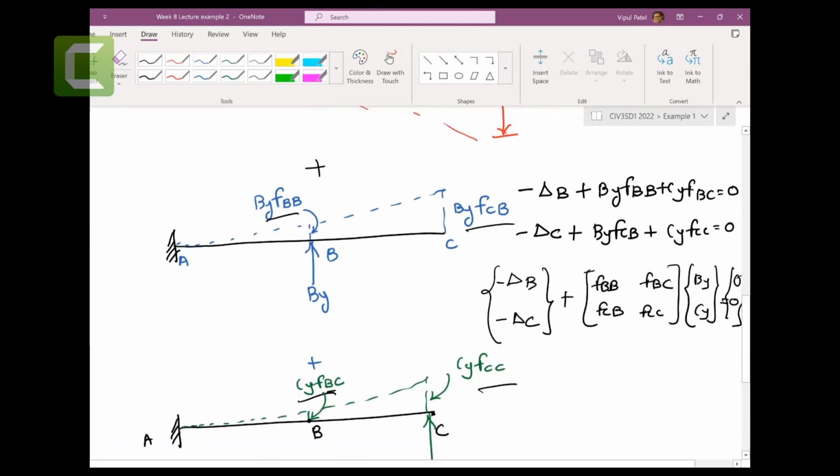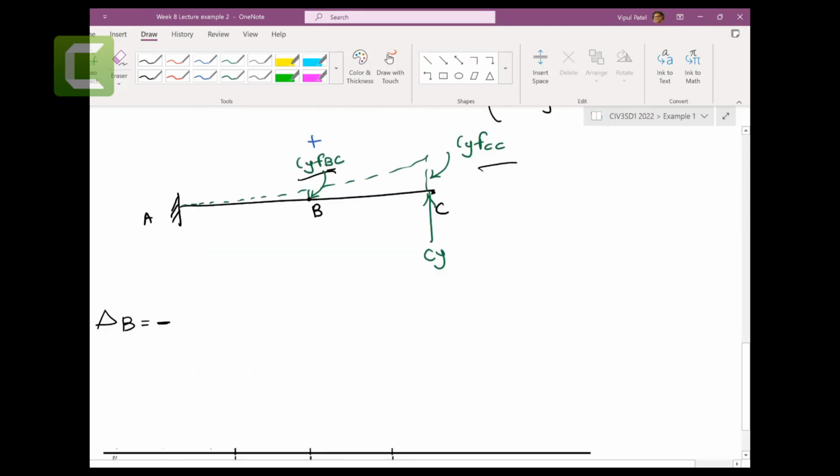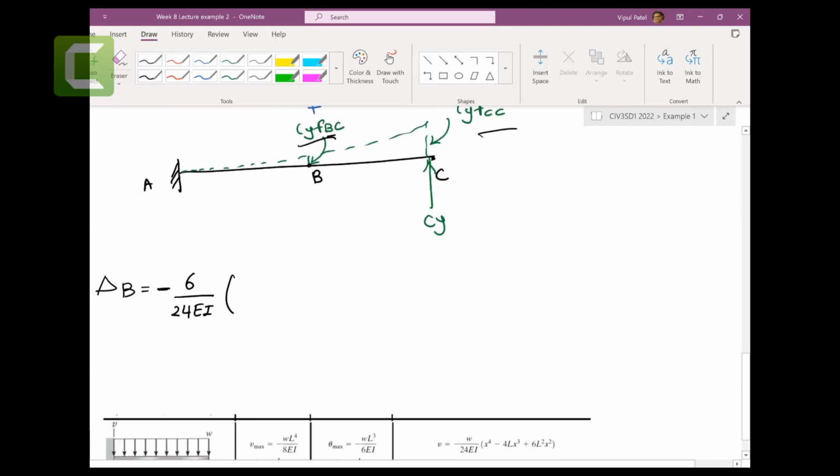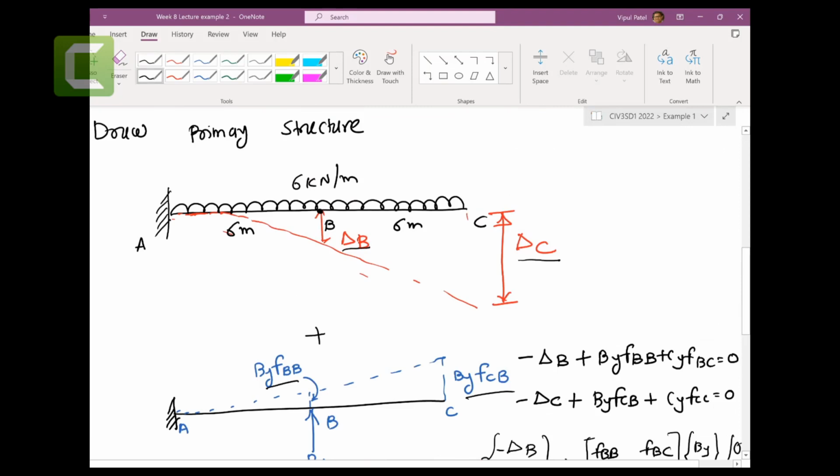What would be the W here? 6. So let's put the 6 there, over 24 EI. The distance we need to find is at 3 meters. Is it 6 or 3? Let me check the question. It's at 3 meters, so this is not 6. That is 3 meters and 3 meters.